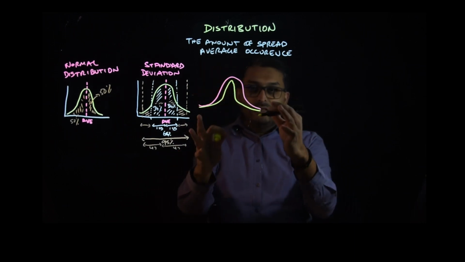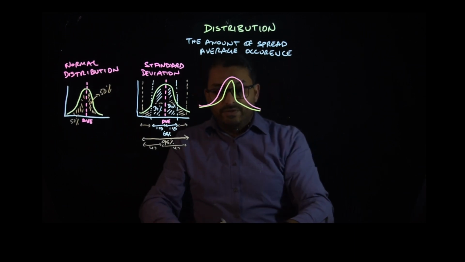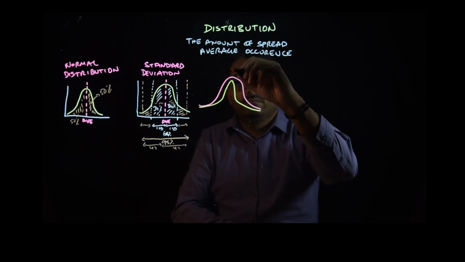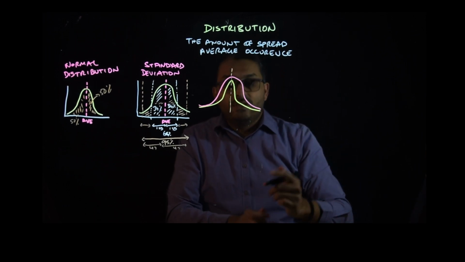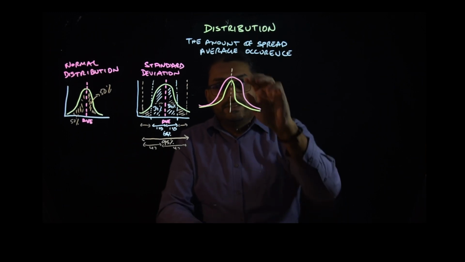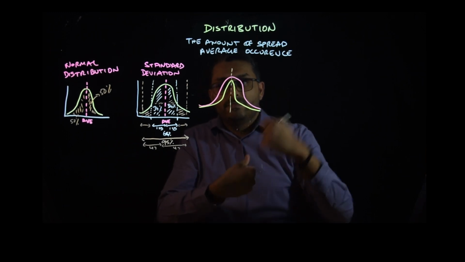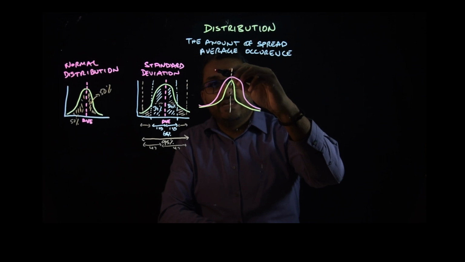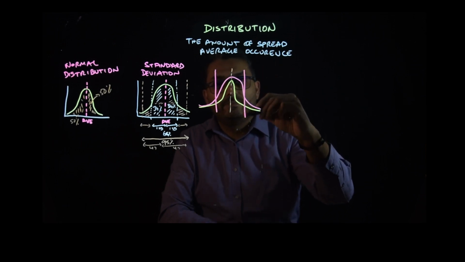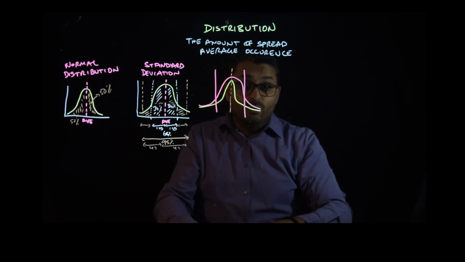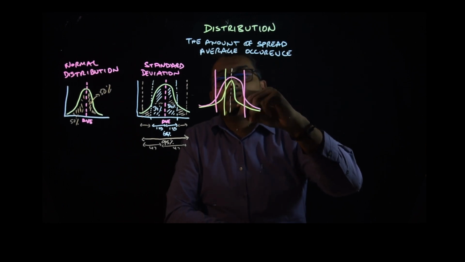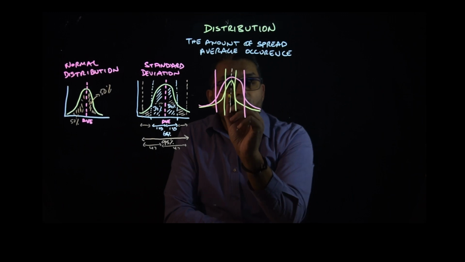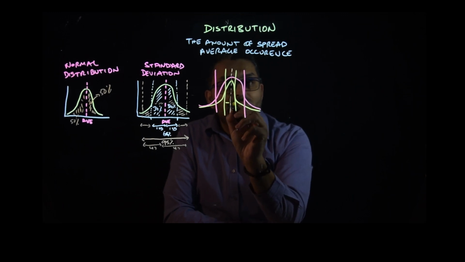They're both bell-shaped curves, and they both have, for argument's sake, the same average. But for the red one, 2/3 is going to be out here somewhere, whereas for the yellow one, 2/3 is going to be here. So it's going to be a lot closer to the average.